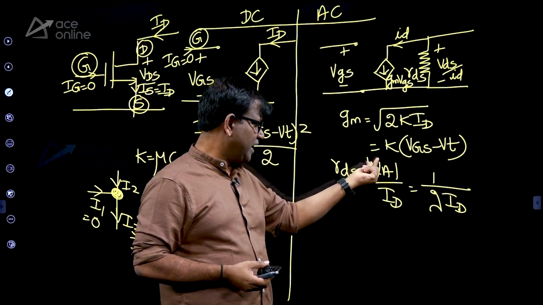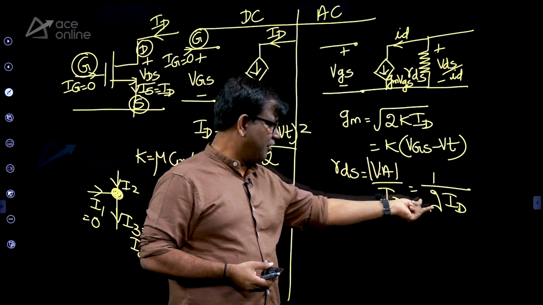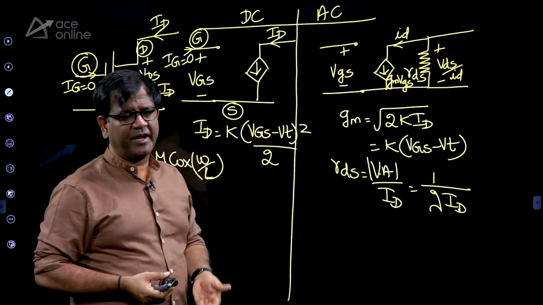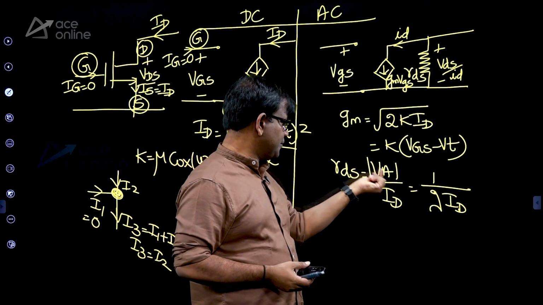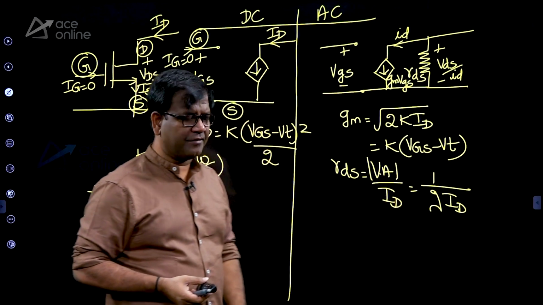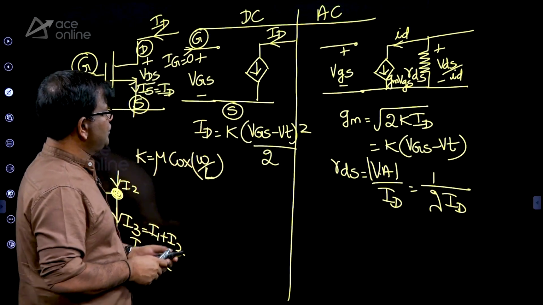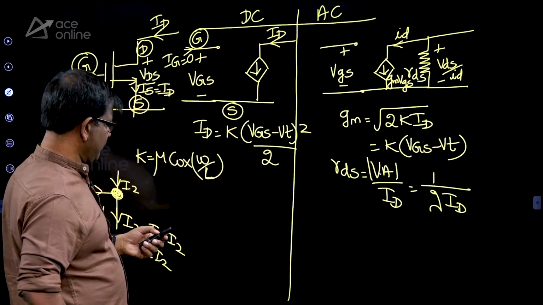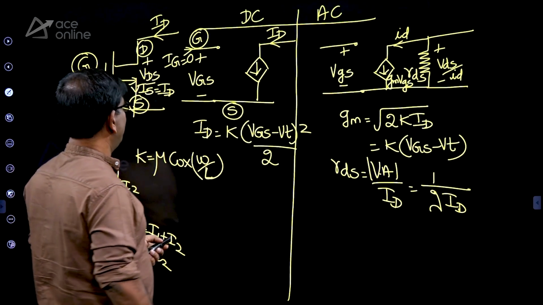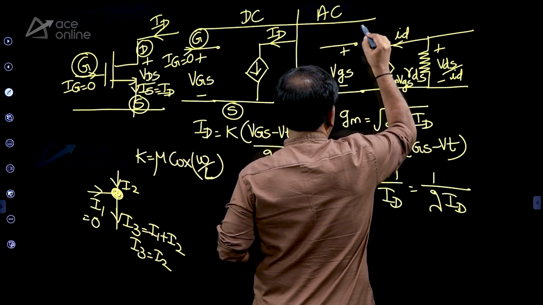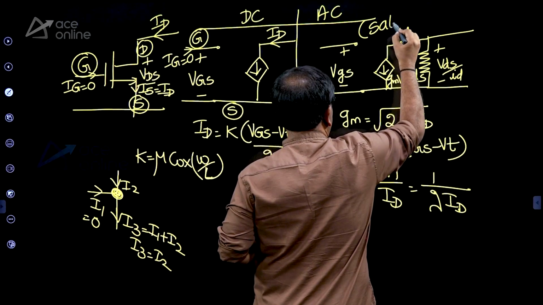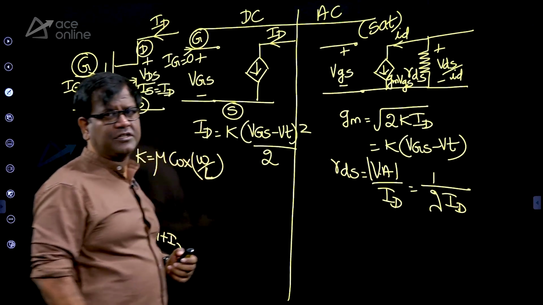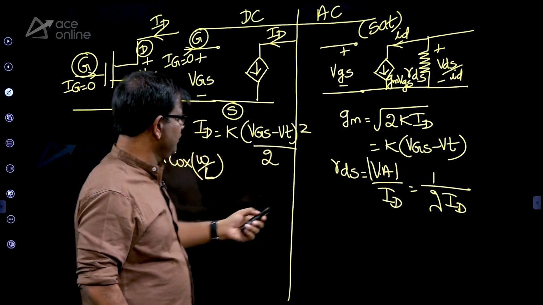The unit of VA is volt. The unit of lambda is per volt, 1 by volt. So if he gives volt, substitute here. If he gives per volt, substitute here, right? So this is the AC model and this is the DC model. And for analog, this device works in saturation, not in active. We don't say active here, we say saturation.